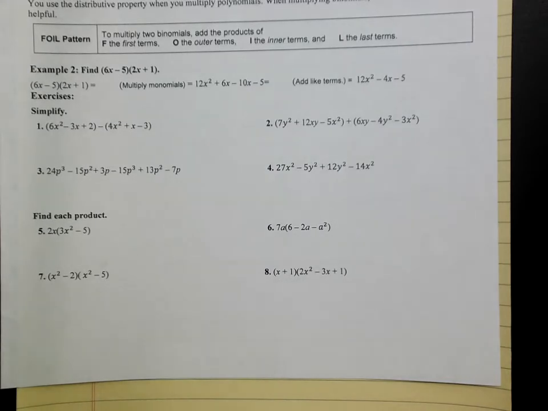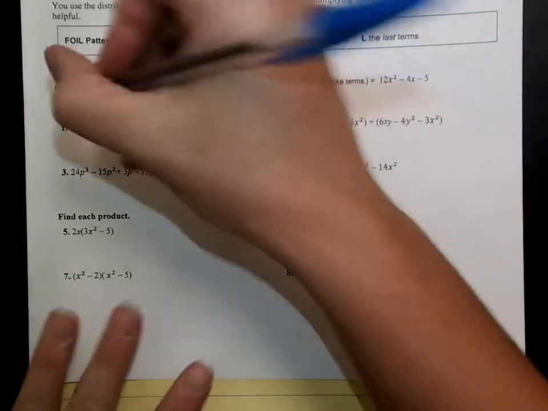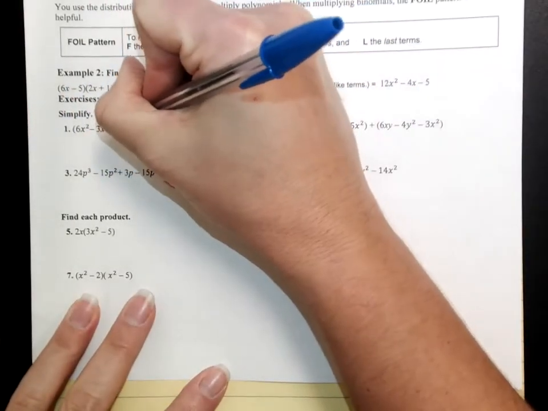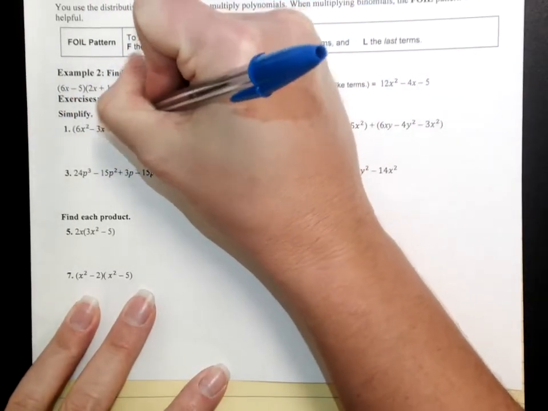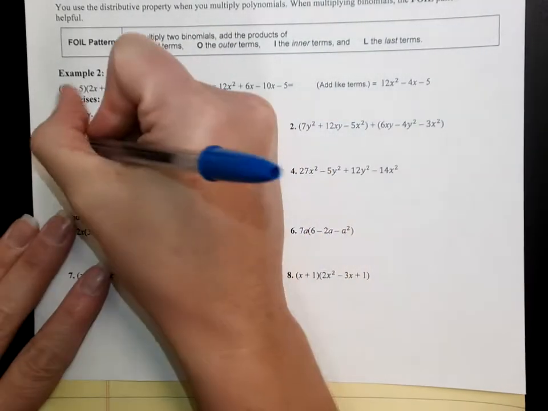When you're just adding or subtracting polynomials, that's when you're all about just combining like terms. Okay? The tricky ones are the subtraction ones, and I'll tell you why. Because the subtraction sign technically distributes through this entire expression and changes all the signs. So I'm going to do that, and I'm actually going to write it here underneath.